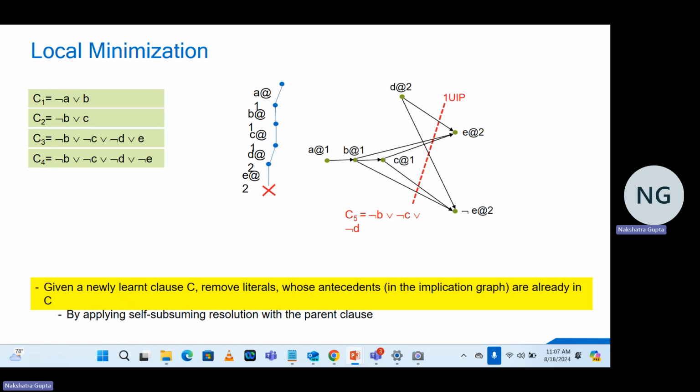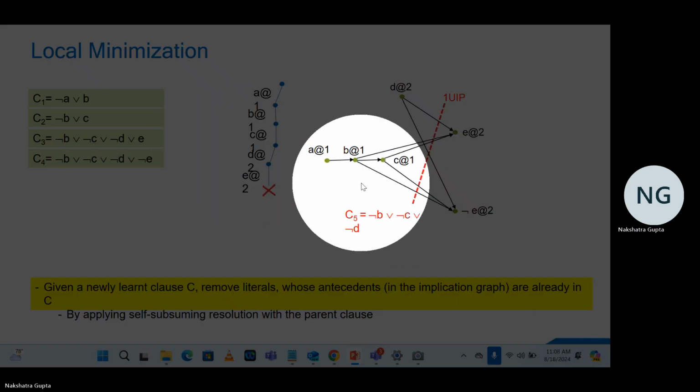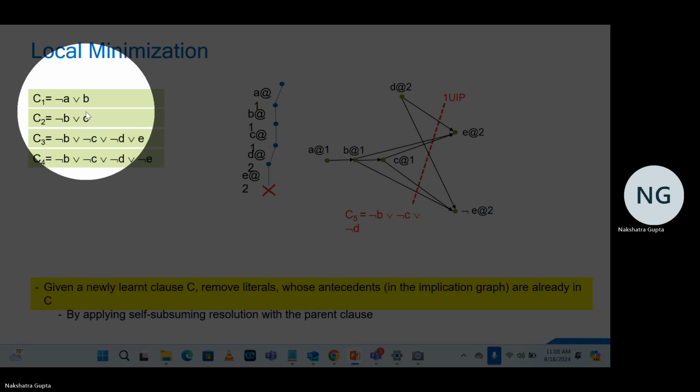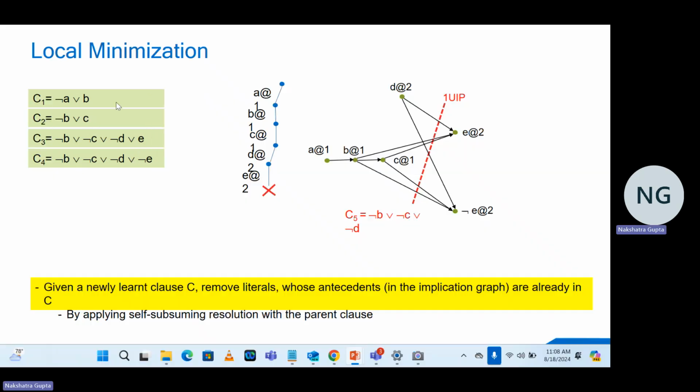And notice here that we have the literals not B and not C in the clause, right? But C is implied by B, right here. So you can just resolve the parent clause of C with the new learned clause, and you get a shorter clause, which substitutes the original. So we don't need the original clause, but this new one.